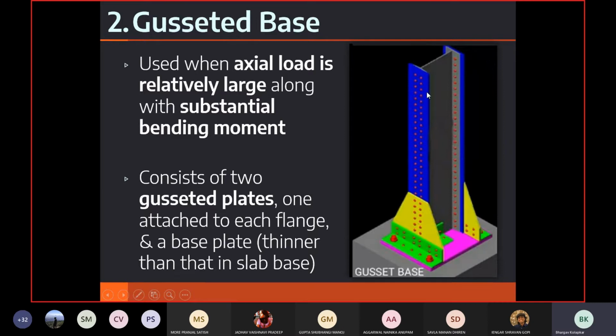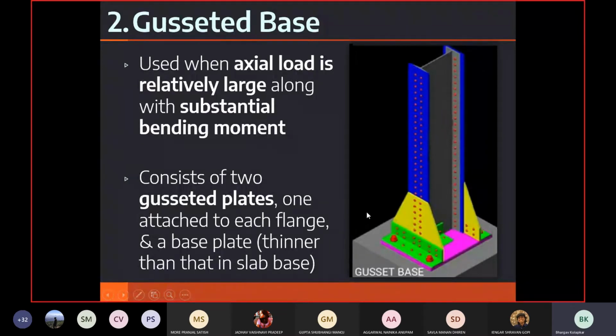But the minimal element that we have is a column, and then this is the gusset plate that connects the column to this angle member. So you bolt this gusset plate to the flange of the column, and you further do the bolting to this angle section, and you do a similar thing on the right side. And then you have these anchor bolts connecting the base plate to the concrete footing.